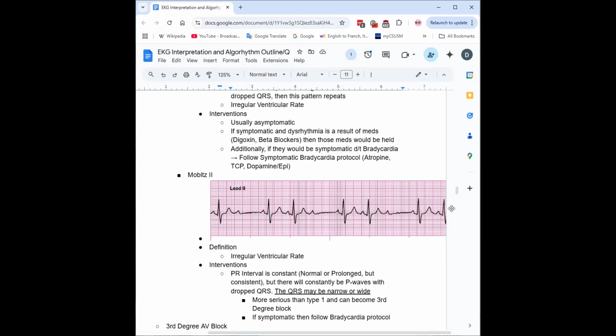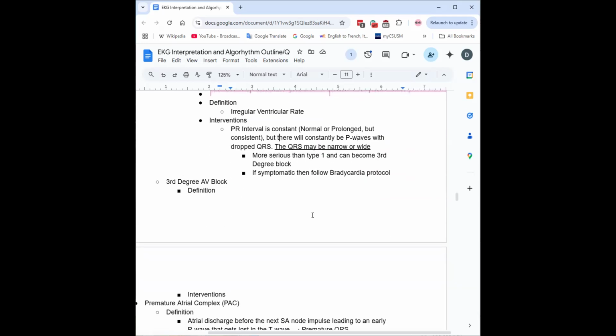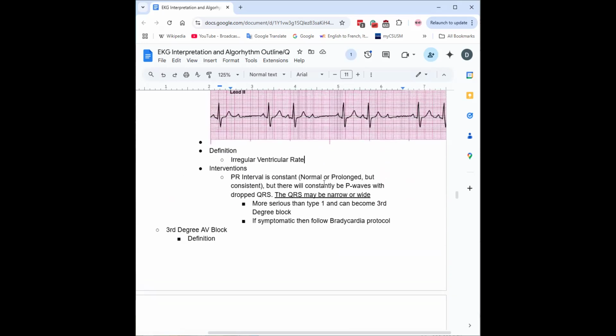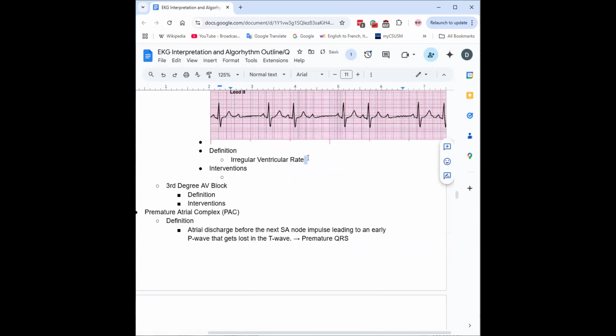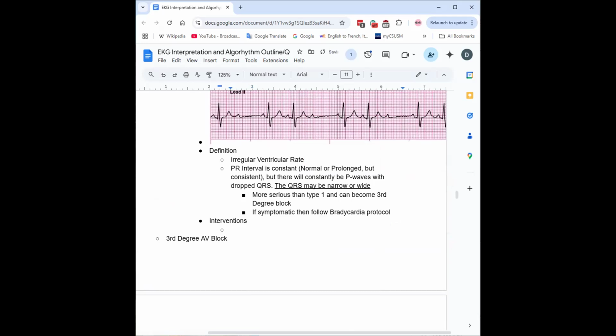So 1, 2, 3, 4, 5, 6, 7. I don't know if this is even a 6-second strip, but that is the definition. This should be here instead. And when it comes to interventions, again, just follow the bradycardia protocol. But it is more serious. You'll probably be more likely to be symptomatic.